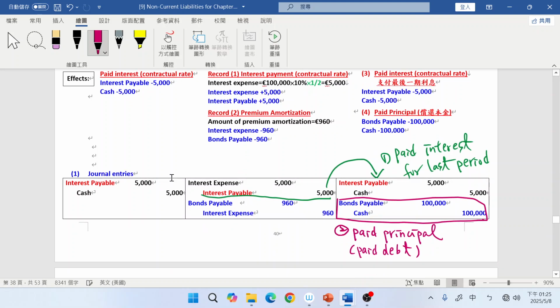Any questions? Don't forget, there is always a last interest you need to pay. After the last interest, you pay the debt, you pay the principal.